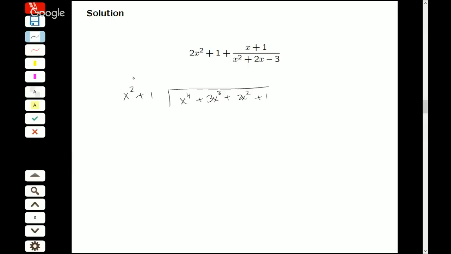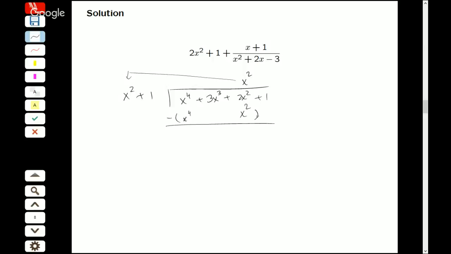That x squared, how many times does x squared go into x to the 4th? Yeah, 1x squared times. Multiply your x squared through, and you have x to the 4th. And then x squared times 1 gives you an x squared, so you have to line it up over on that third column over.